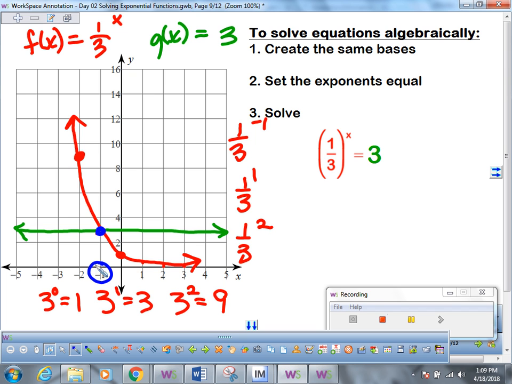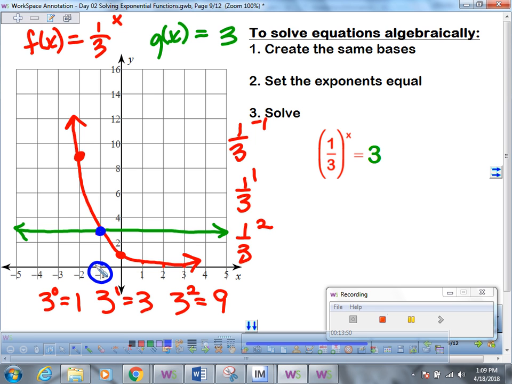All right, now I'm going to do it algebraically. 1/3. I see 1/3 and I think to myself, that's really 3 to the -1. Would everybody agree that these two things are the same? 3 to the -1 is the same thing as 1/3, and 1/3 to the -1 is 3.